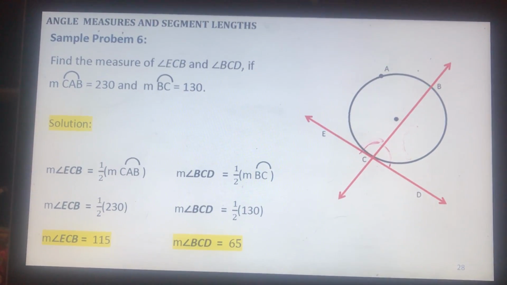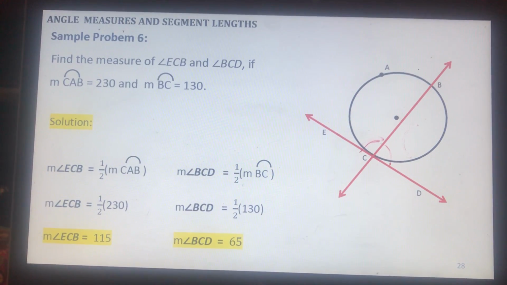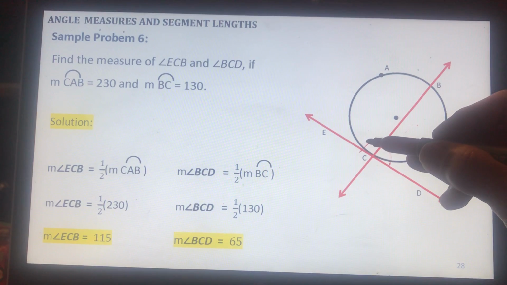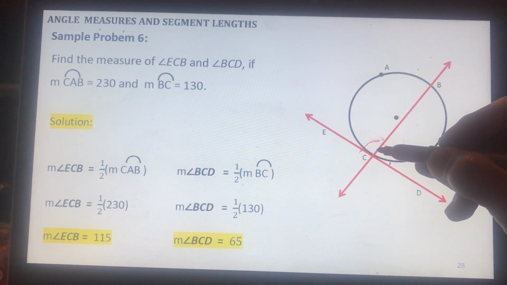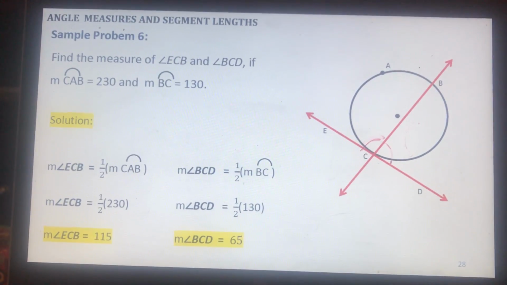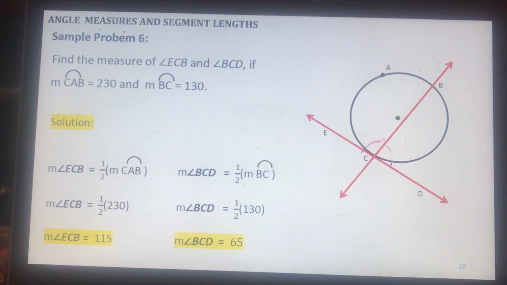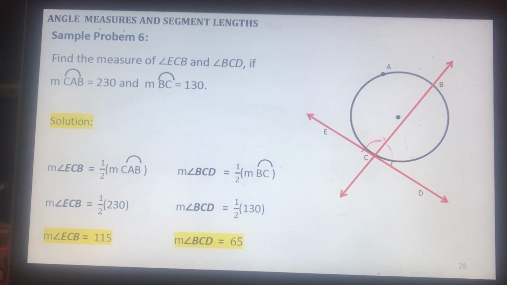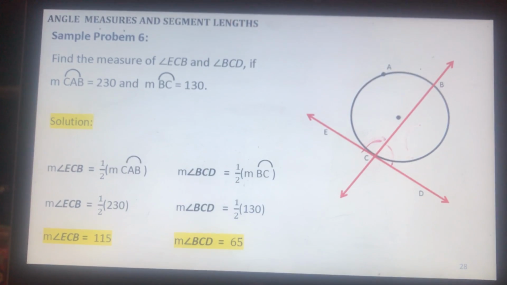That would mean that, in order to find the measures of the two angles they're asking us, we would have to use Theorem 6, which states that the measure of angle ECB is going to be equal to 1/2 of the measure of the arc it's intercepting, which is CAB, and the measure of BCD is going to be equal to 1/2 of the measure of the arc it is intercepting, which is arc BC.